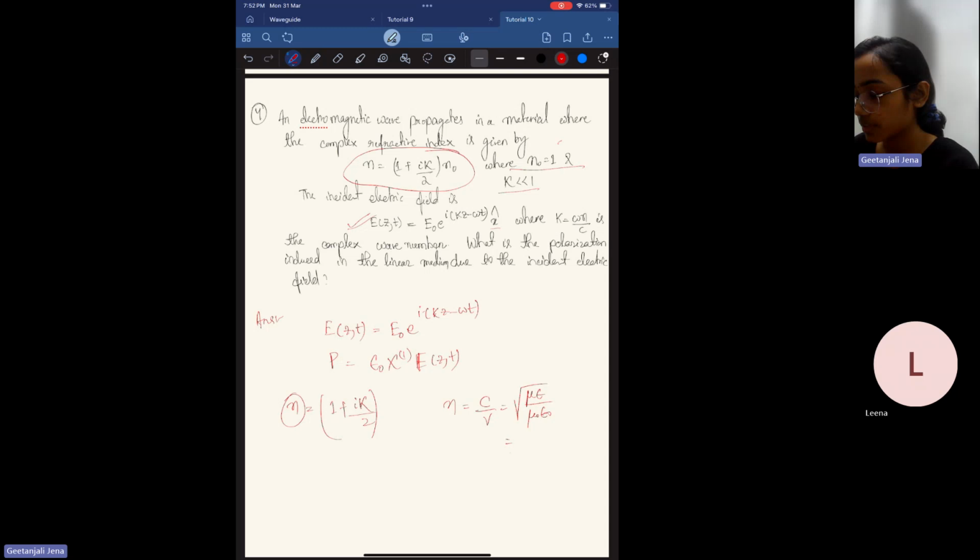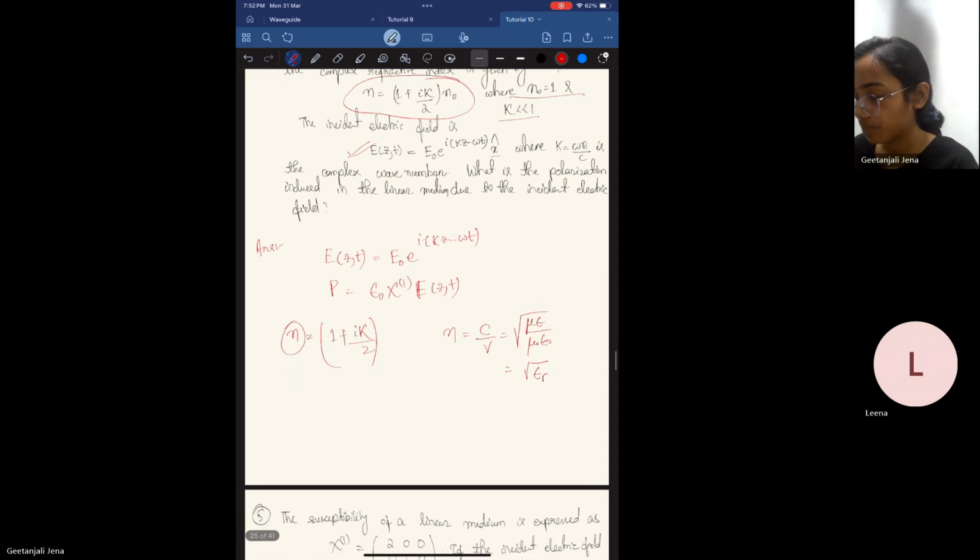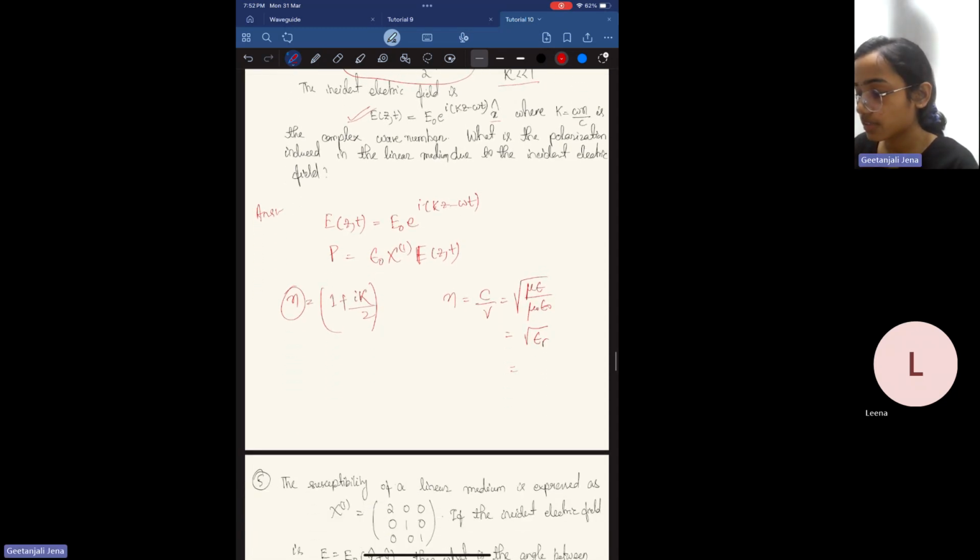So if it is a non-magnetic medium, you can write n as the square root of epsilon r, and this epsilon r is nothing but 1 plus chi 1 for a linear medium.